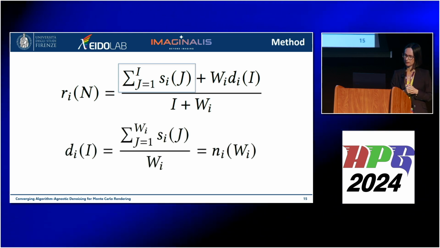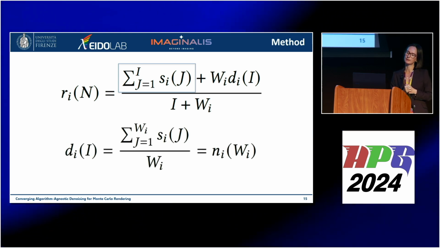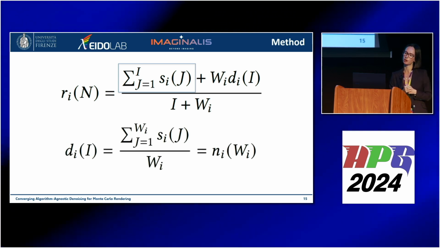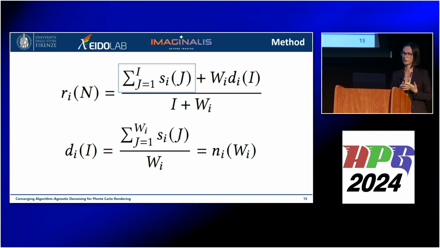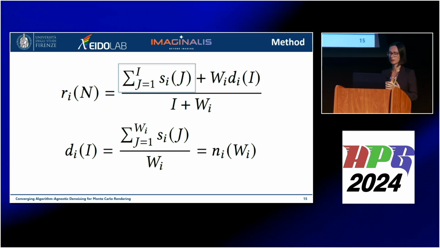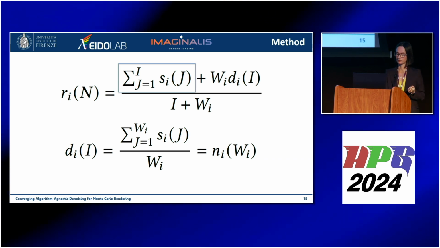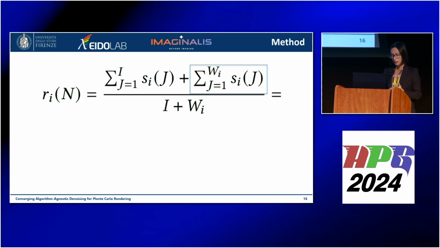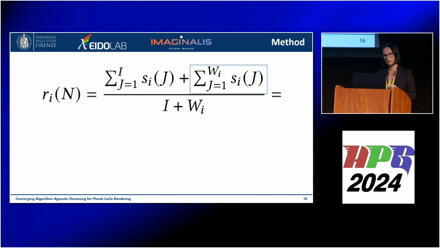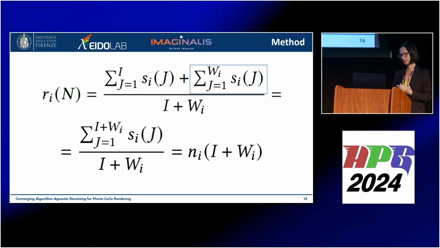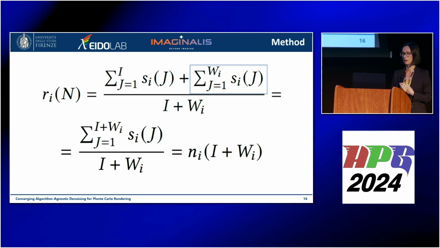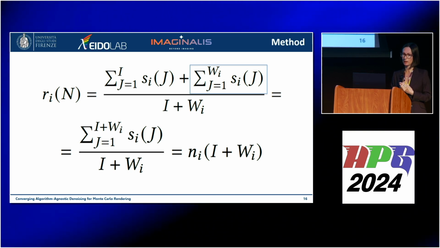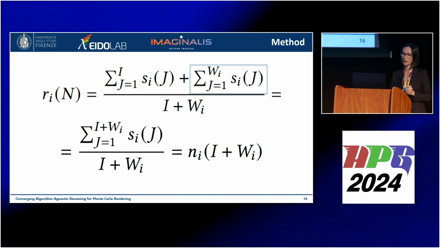And then let's represent our denoised pixel value as the average of w different samples, which is actually the definition of the unbiased Monte Carlo estimate obtained at iteration w. Substituting the second member of the sum, you can see that the reference value becomes the unbiased Monte Carlo estimate obtained at iteration I plus w.